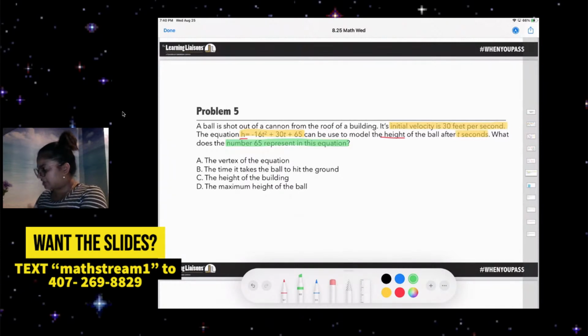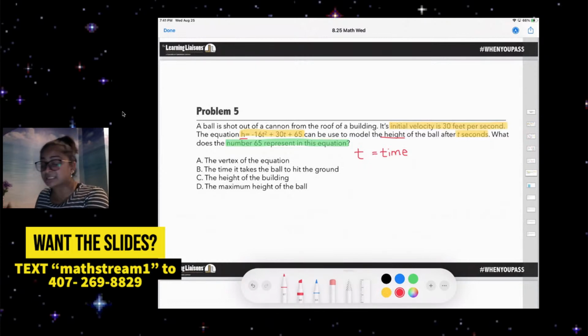Well, if we think about what's going on, we know that t is the amount of time. So t is time. So if t is time, we have a number without a t.